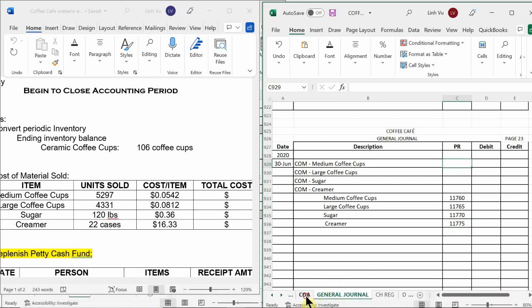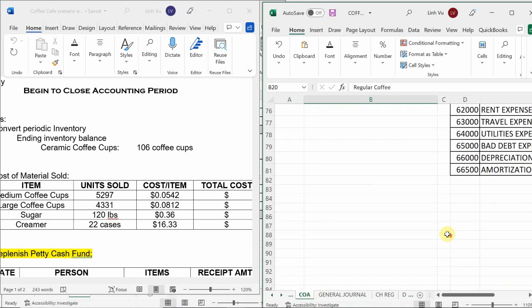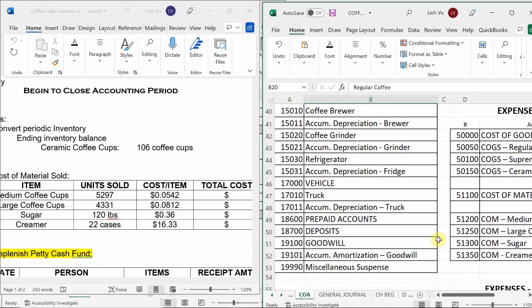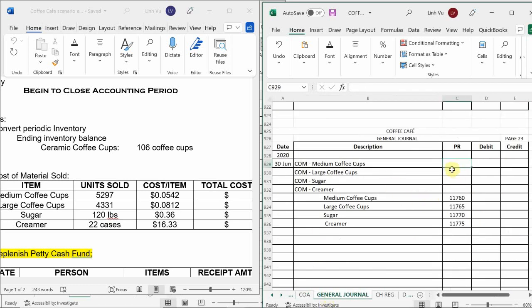I already forgot. Okay, so let's go back down and look at them. So cost of materials is 51,200, 51,250, 51,300, and 51,350.